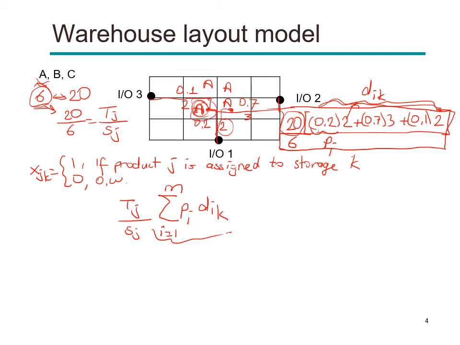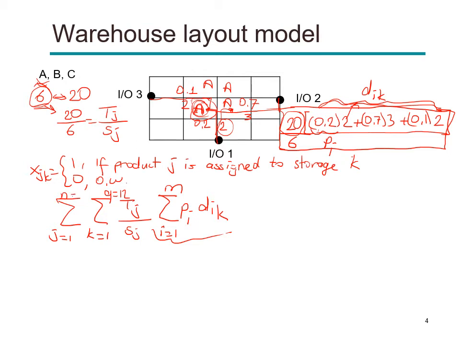And then we need to sum up for all locations, k from 1 to q. So in this example we have 12. And then we need to take the summation for all parts, because we have written this only for part j, and we have j from 1 to 3, or 1 to n in general.